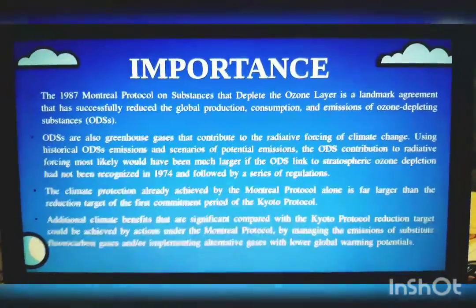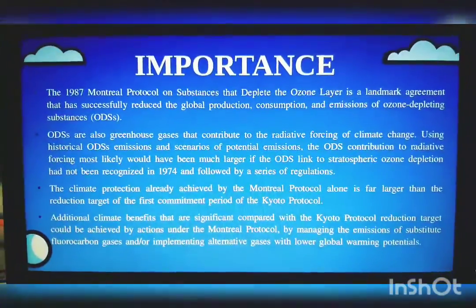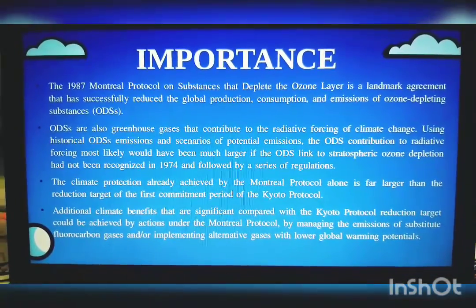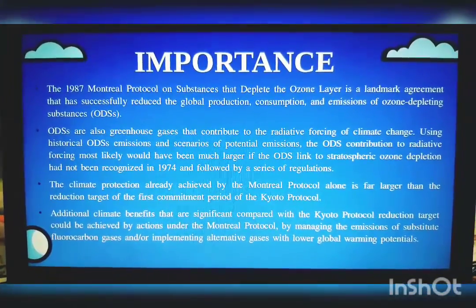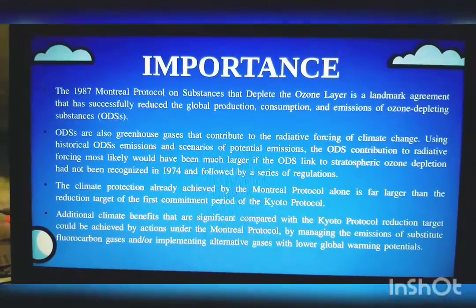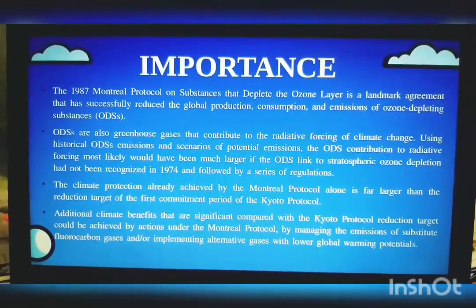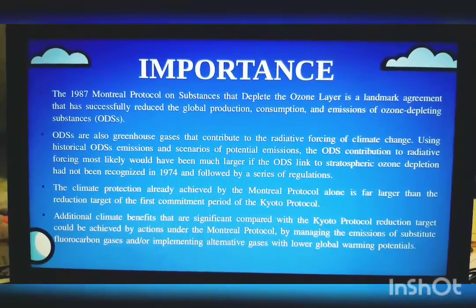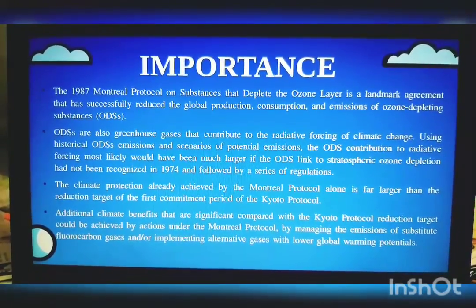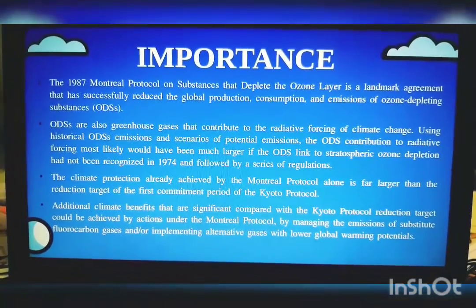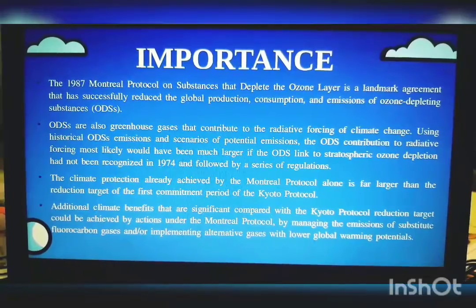The importance of the Montreal Protocol. The 1987 Montreal Protocol on Substances that Deplete the Ozone Layer is a landmark agreement that successfully reduced the global production, consumption, and emission of ozone-depleting substances. The ozone-depleting substances are also greenhouse gases that contribute to the radiative forcing of climatic changes.